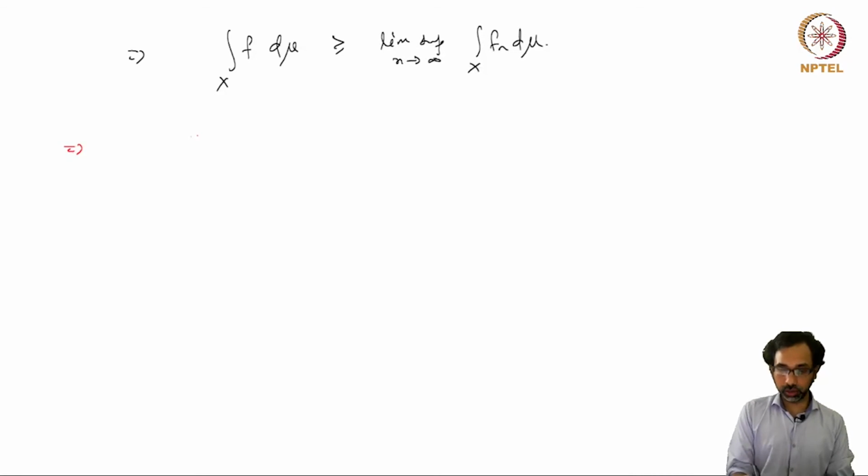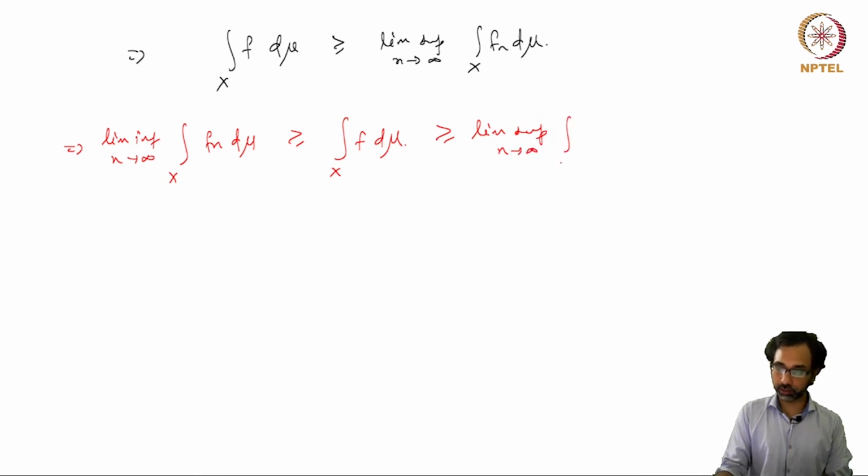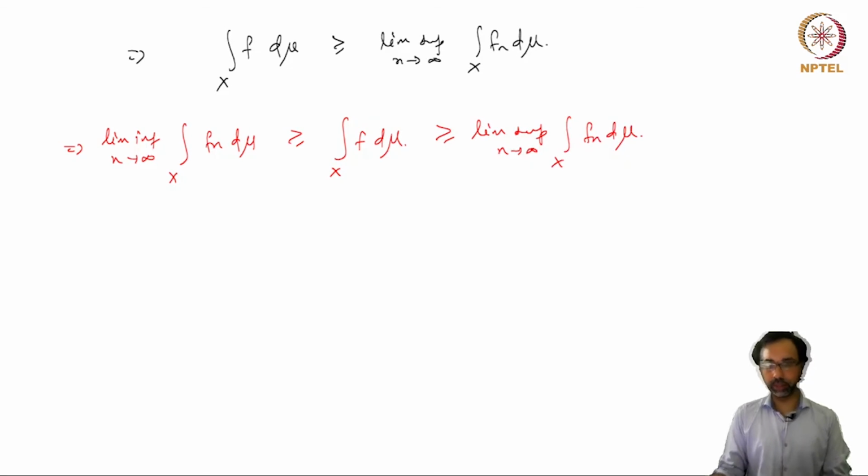So in total we get that the lim inf as n tends to infinity of integral fn d mu is greater than or equal to the integral f d mu, which is greater than or equal to lim sup as n tends to infinity of integral fn d mu.